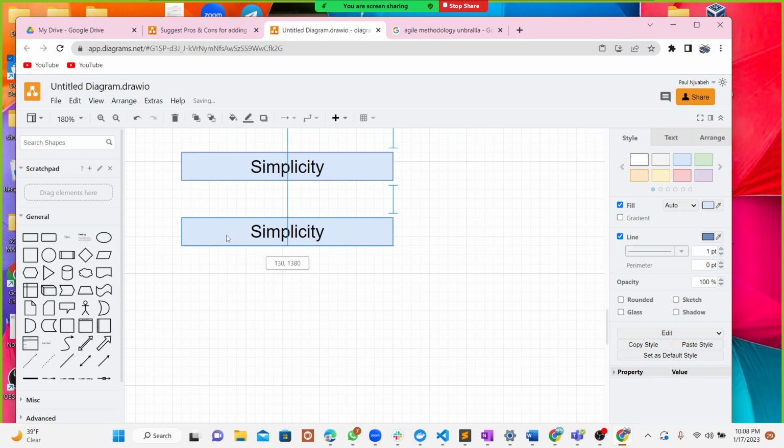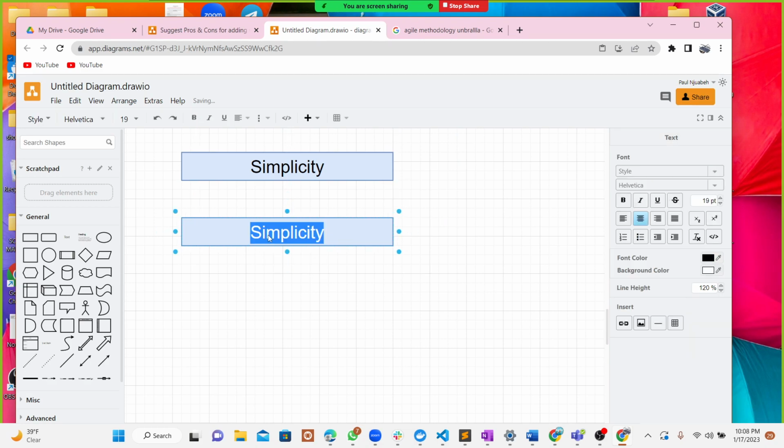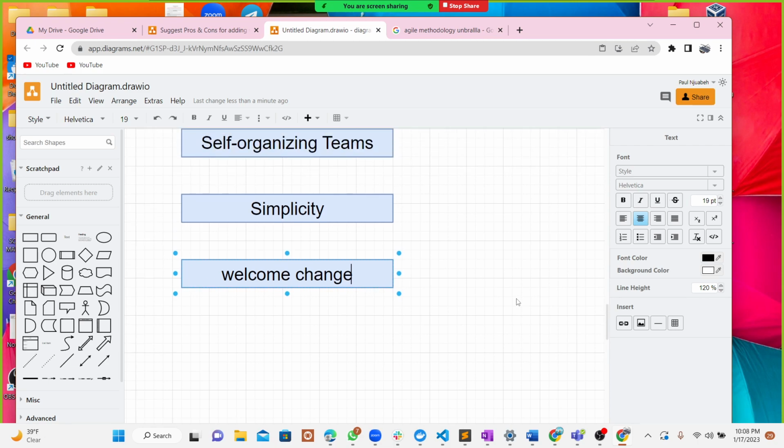And you will understand that each of these principles is tied to at least one of the Agile manifesto values. So they'll be welcoming change, and they will respond to that.